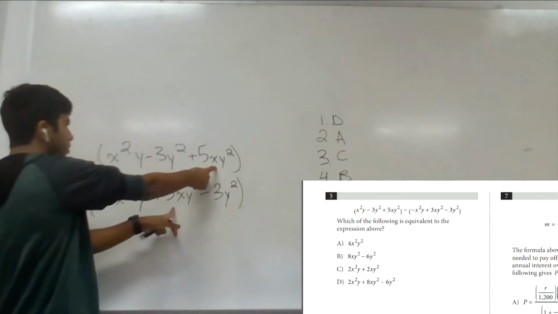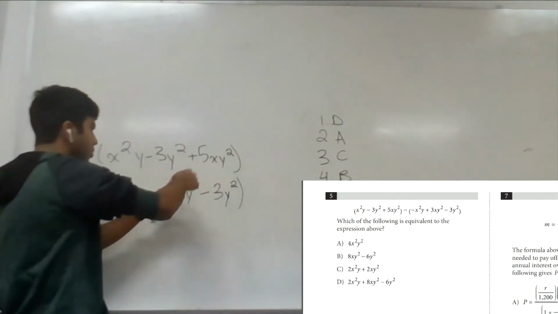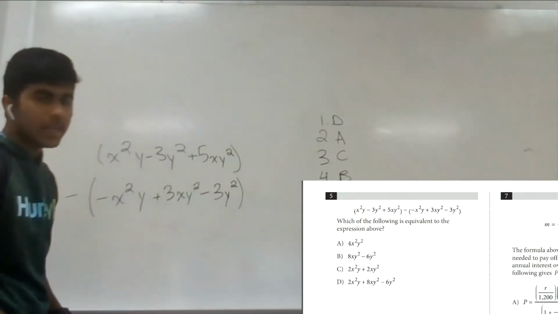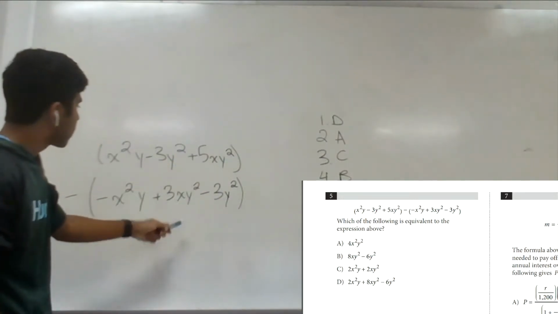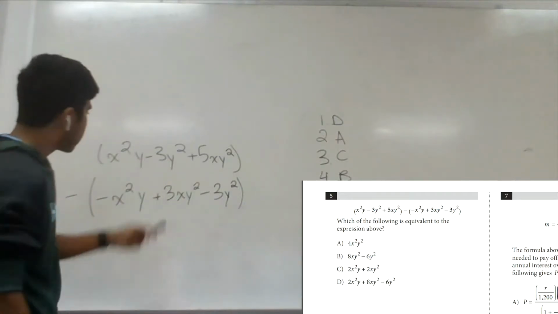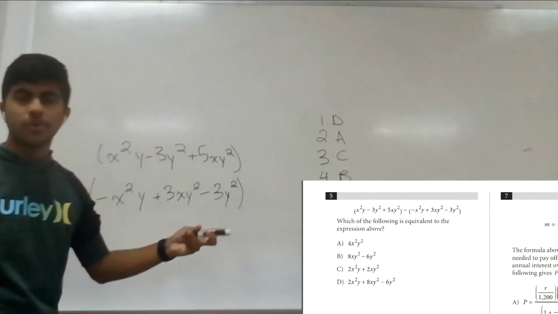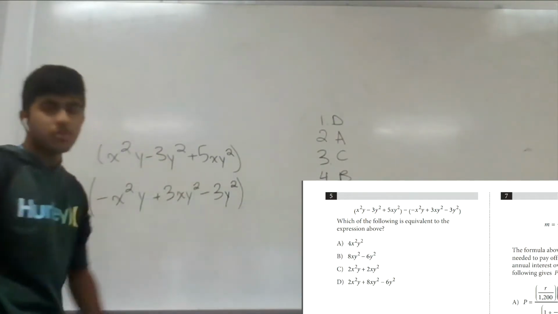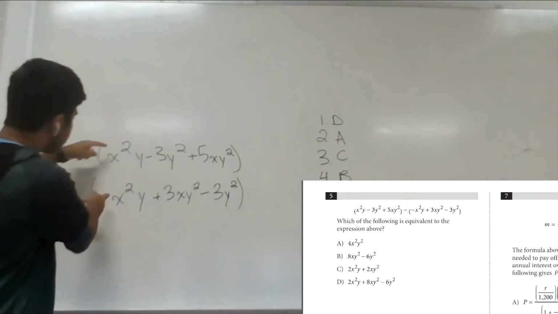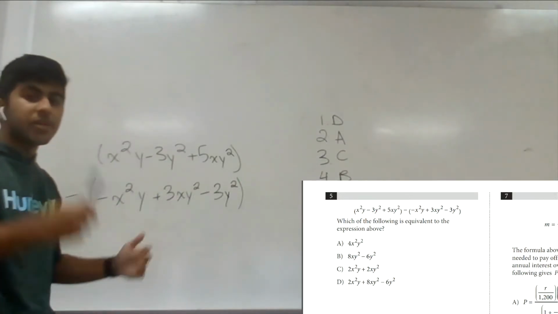These two are both 3y squared, and these two are both xy squared. You can't subtract this from that because they're different groups. This has an x and that doesn't. These have the same variables, so you can combine them. You need to match that up.